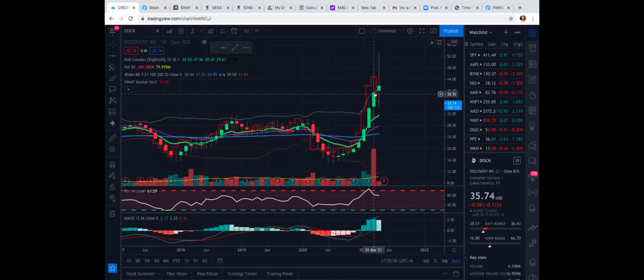However, with options, you have less capital that you're spending, but you have more risk because options are tied to an expiration date. So if it doesn't do what you want it to do by the expiration date, you've essentially lost everything that you put in.